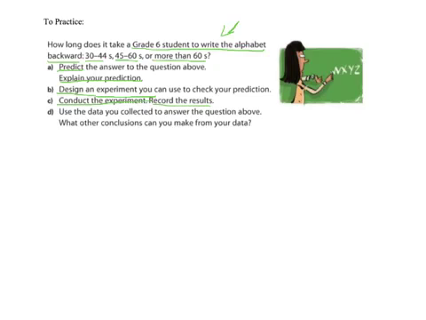I would recommend using more than one trial, perhaps at least 2 trials, and then use your data to answer the question. And also, are there any other conclusions that you can make from the data? So go ahead and press pause, and you're going to pause for a bit with this one so that you can conduct the experiment with your partner.